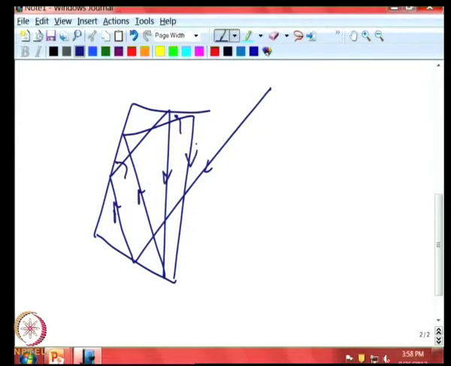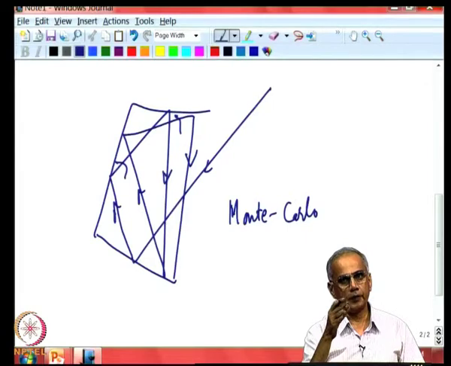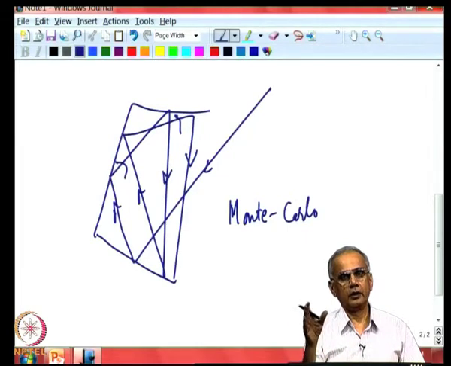So, you can do it today with a computer. This method of tracing the ray and following the photon till it is absorbed: you start with the photon emitted by some surface and follow that photon through after multiple reflections until it is absorbed. And you do this same procedure for maybe 1,000,000 photons.